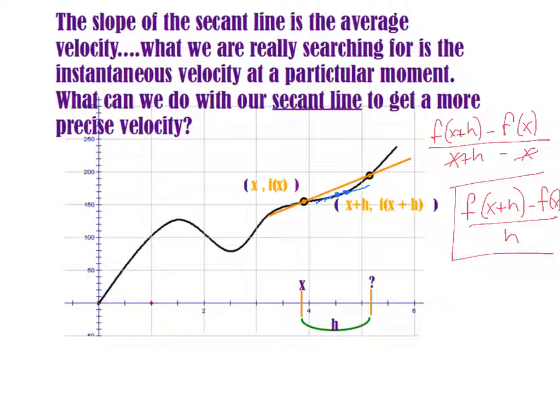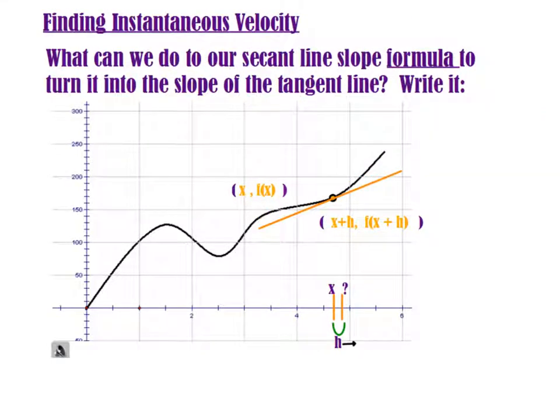The problem that I have is if I don't have 2 points, then how does this all work? Because I wouldn't have 2 points to do that formula with. Well, let's look at it. I have to treat this actually like a limit, because if I don't have 2 separate points, my 2 points are the same point, then what I'm really doing is I'm looking at this h, which is the distance between my 2 x's, right here, this h value down here.